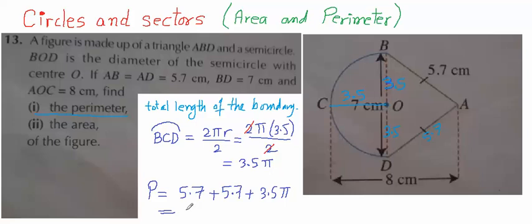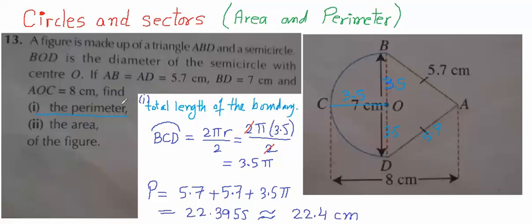It is 22.3955, which we can approximate to three significant figures. So 22.4 centimeters is the perimeter. Its unit is the same as the unit of the length. So this is the first part of the question.